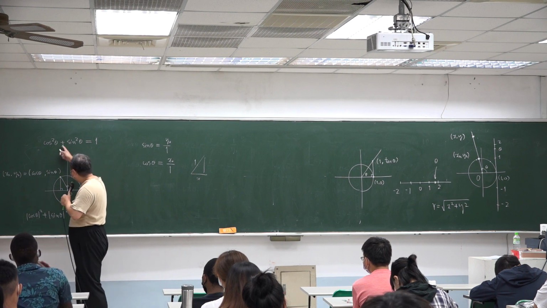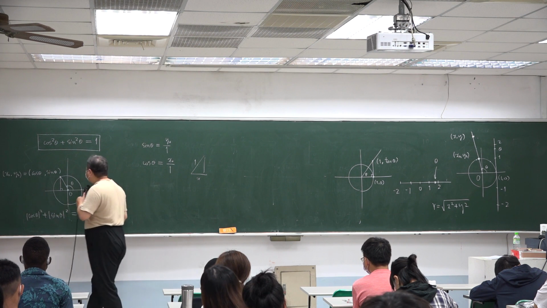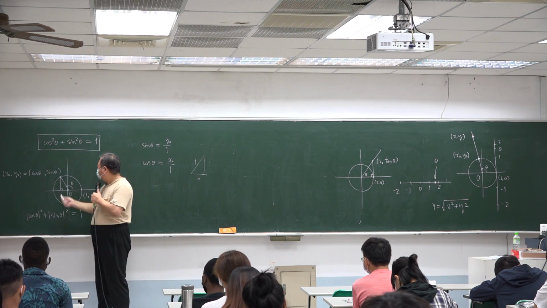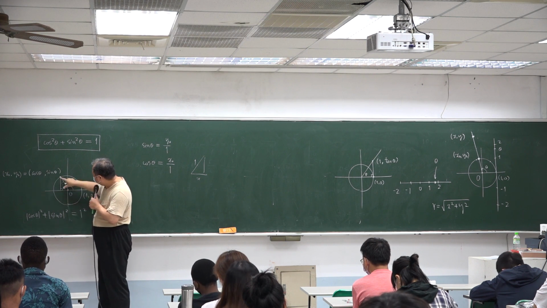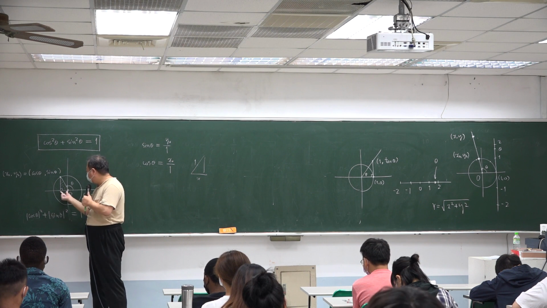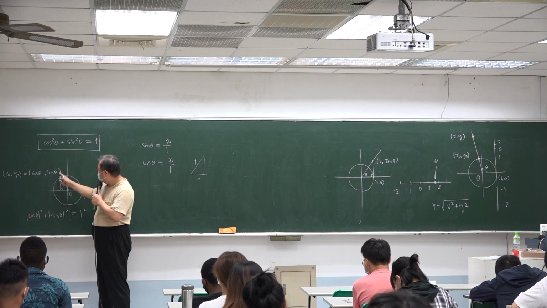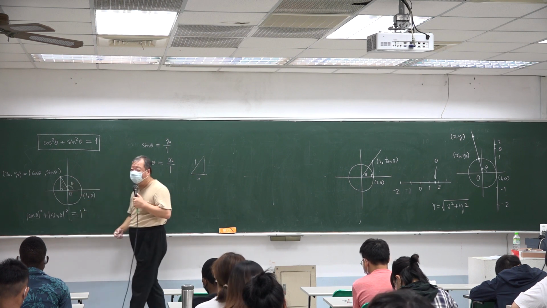And to obtain this formula, this cosine, the absolute value of cosine is the length of this leg, another leg, and hypotenuse, right?